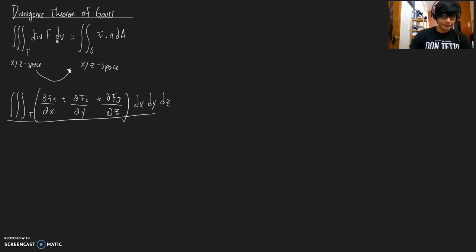So this allows us to evaluate this triple integral in an easy way by only making a surface integral, or vice versa, evaluate a surface integral as a triple integral that maybe would be even easier than the first one.